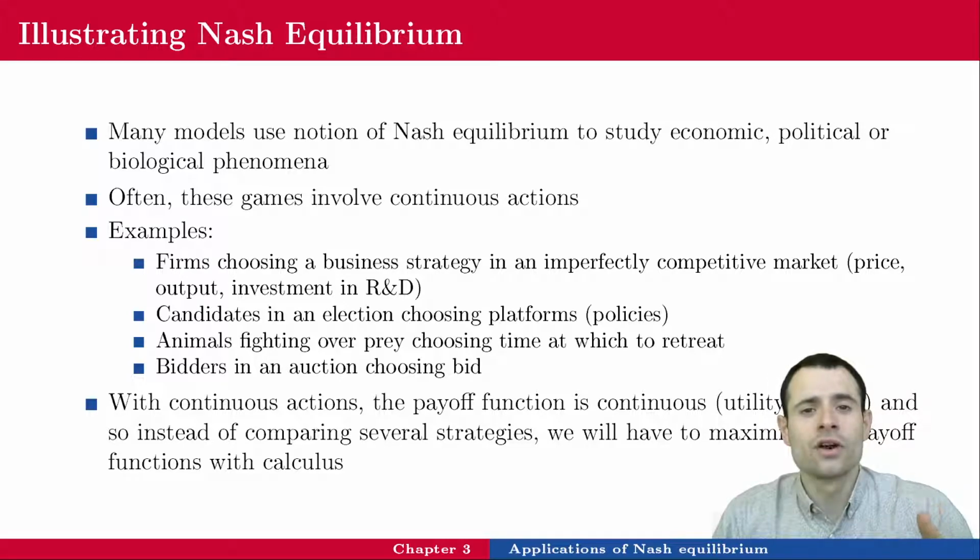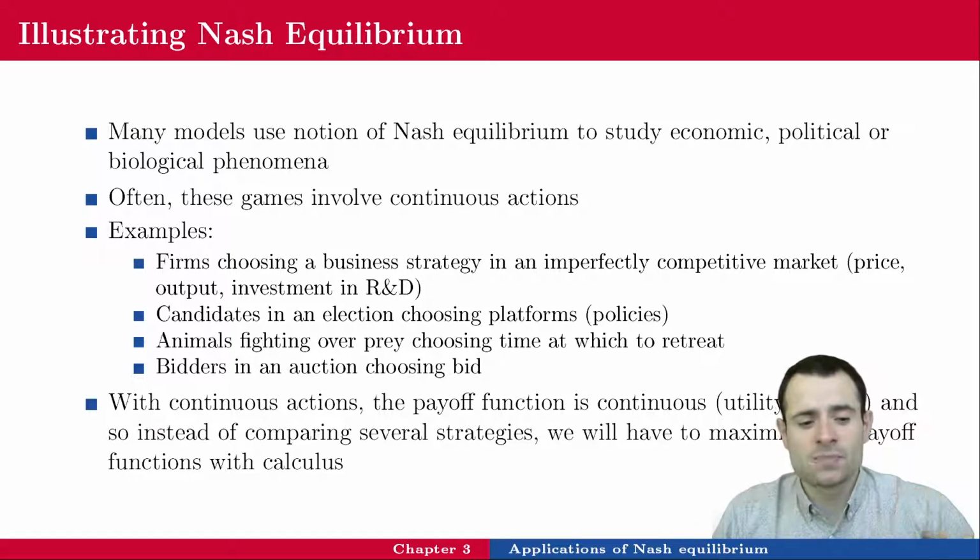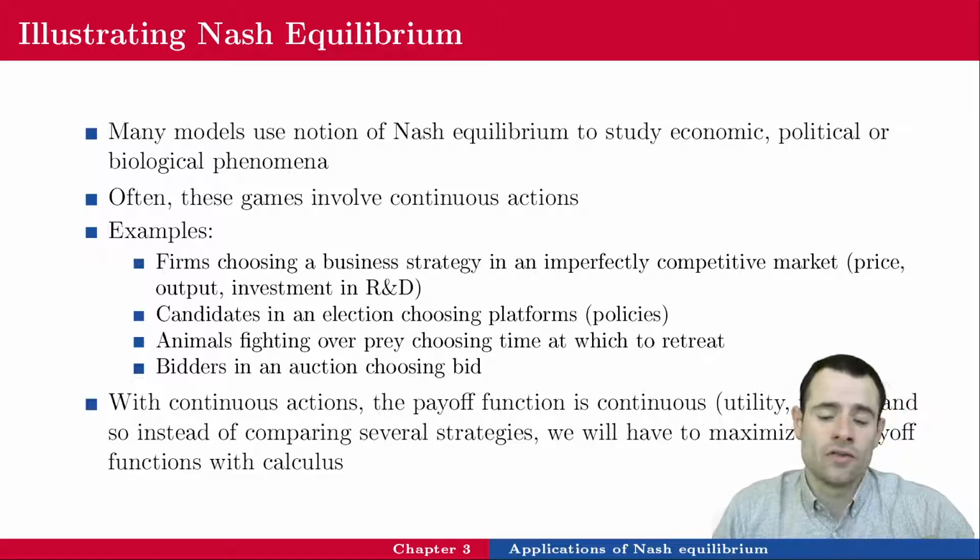One way or another, you're going to use calculus. You're going to obtain first order conditions, set the first derivative to 0, and find the optimal quantity, price, or any other variable. So when games involve continuous actions, we will have to maximize payoff functions, and we will use calculus.